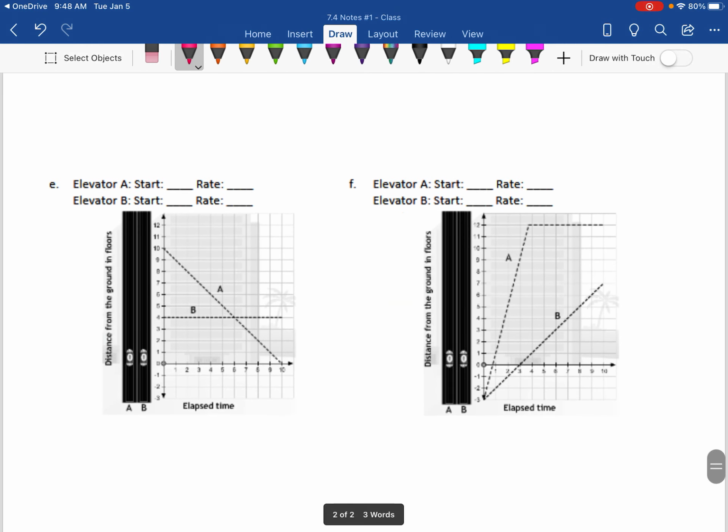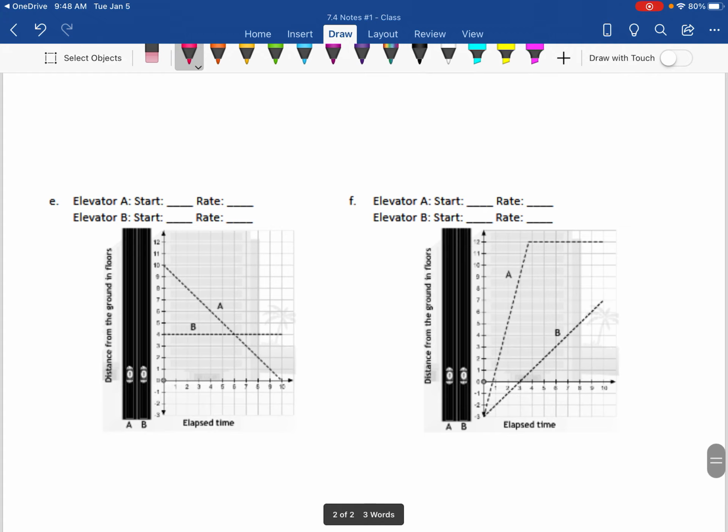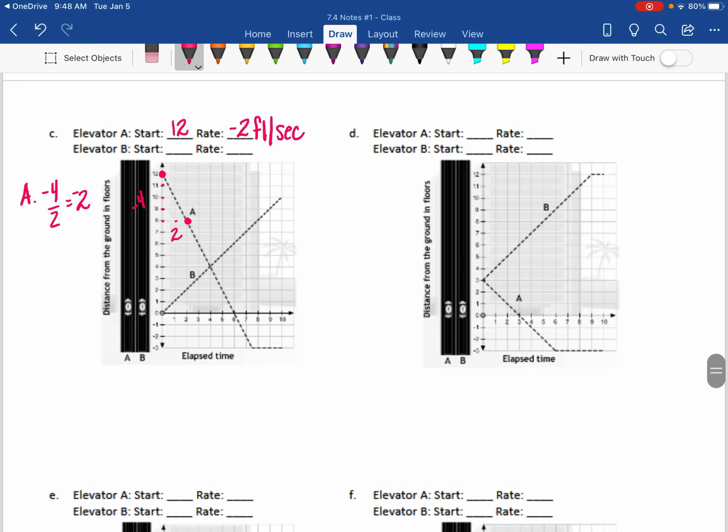Okay, and is there anything else I wanted to look at? Yes, let's actually look at D. And I want to talk not about the rate, but about what's happening in this yellow portion right here. Okay, so we have a horizontal line starting at 6 seconds, ending at 10 seconds. So we want to talk about what that means in the context. Okay, so we know that means the elevator stopped, but where and for how long?